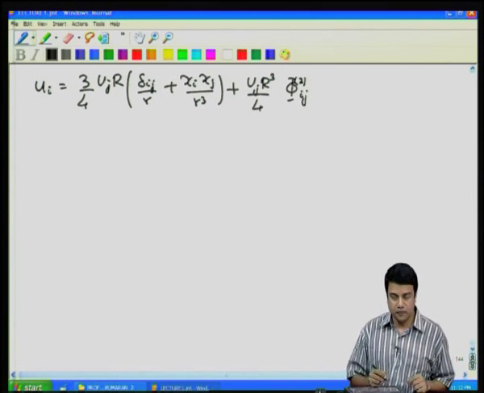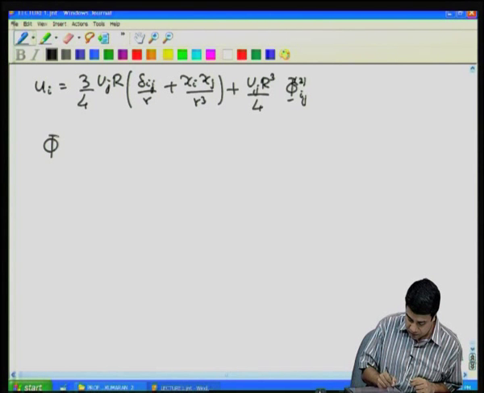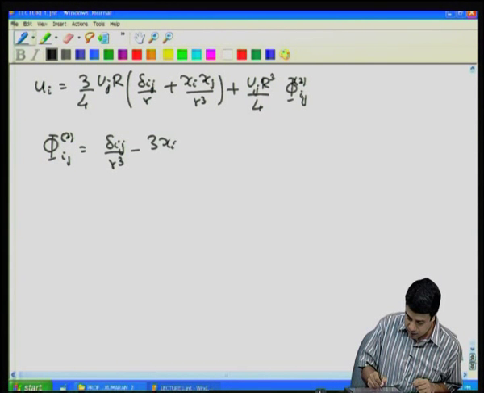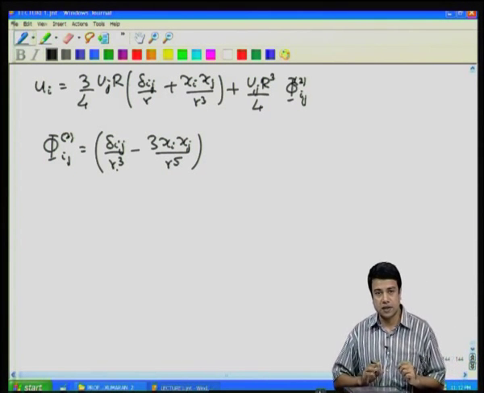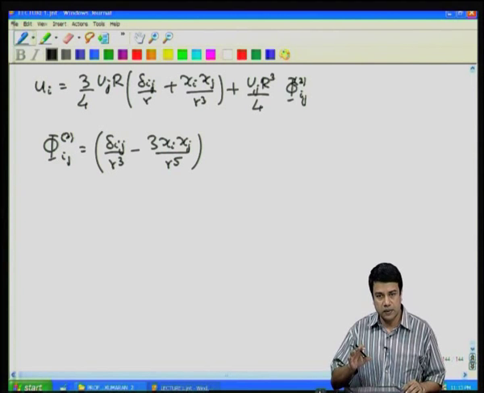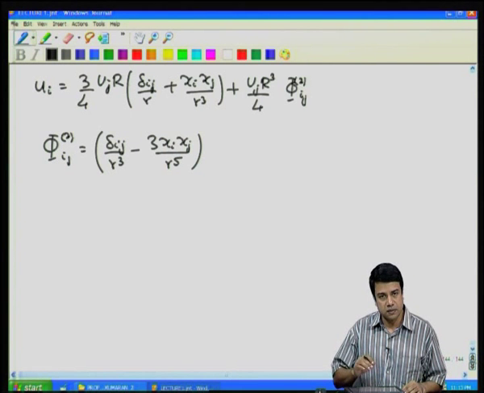Okay. Where if you recall, the second solution that we had for the spherical harmonics was equal to delta_ij by r cubed minus 3 x_i x_j by r power 5. That was the exact value of phi_2 ij. I will leave it in this form for the present, just so that it makes the algebra simpler. Okay.